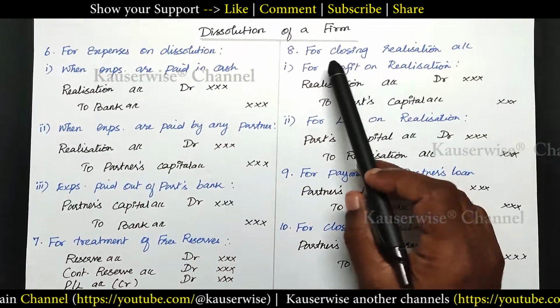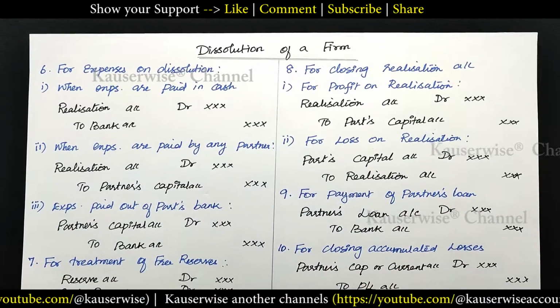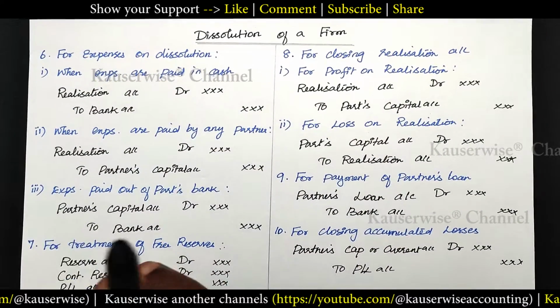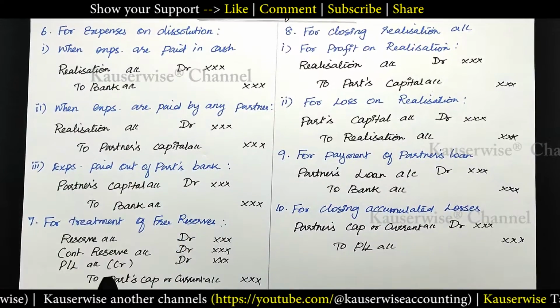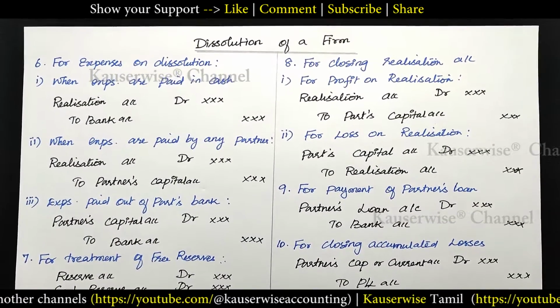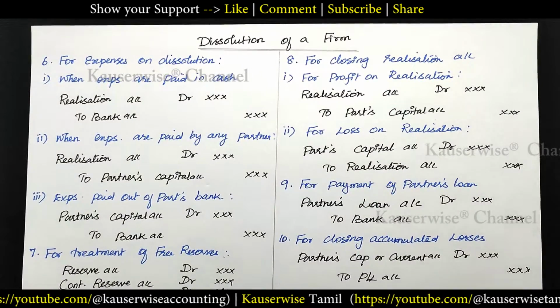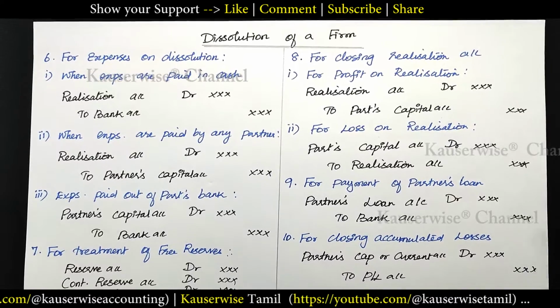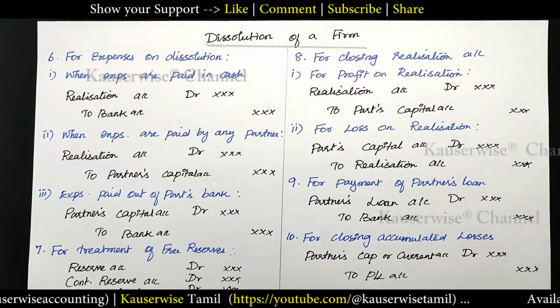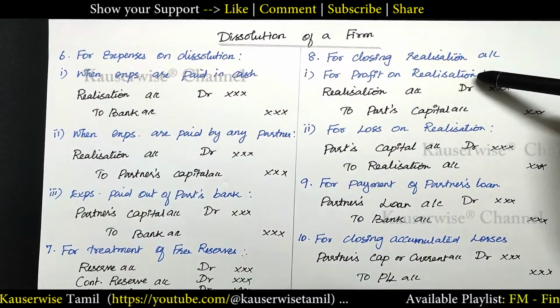The next one, for closing the realization account. After making all these entries, we need to prepare the realization account. Just post all these journals into the ledger. After preparing the realization account, you will finally get a balancing figure on either the debit side or the credit side. If you get a balancing figure under the debit side, that is profit on realization.